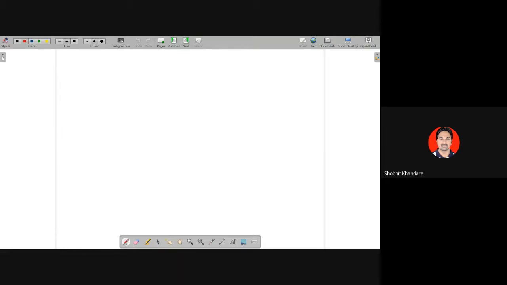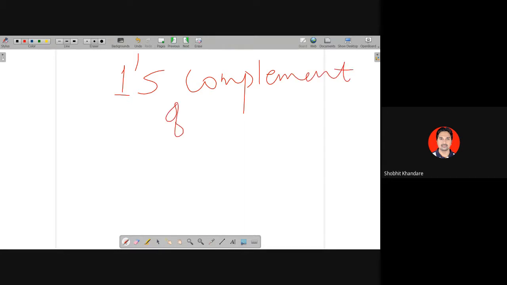Ones complement. Write down here as one's complement of a binary number.